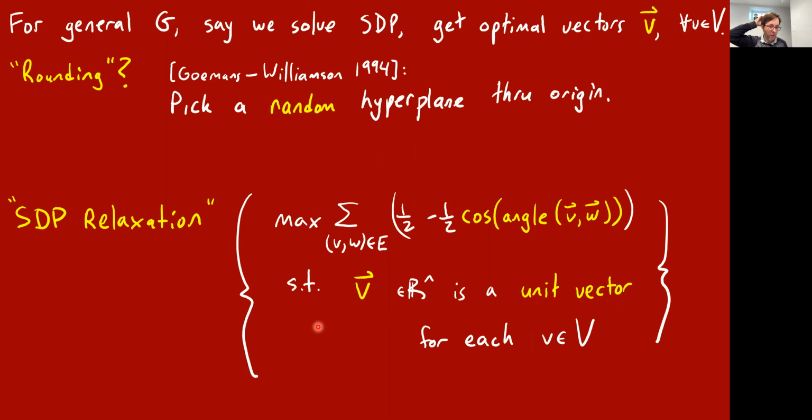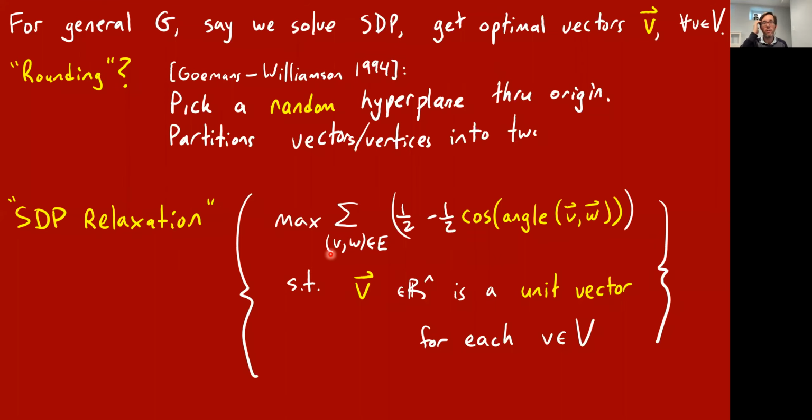And since we don't really know much else to do, maybe the easiest thing to do is just pick a random hyperplane through the origin, one that's rotationally symmetric. That splits your vectors into 2 parts, and therefore it splits your vertices into 2 parts, and let's call those our parts, S and S bar. So this is a cut.